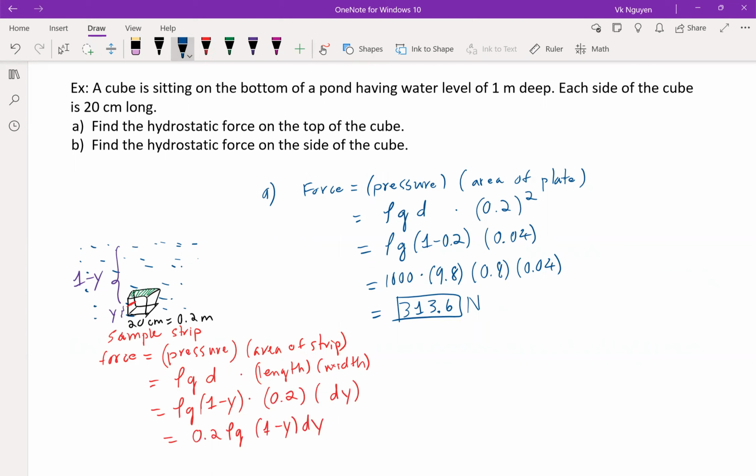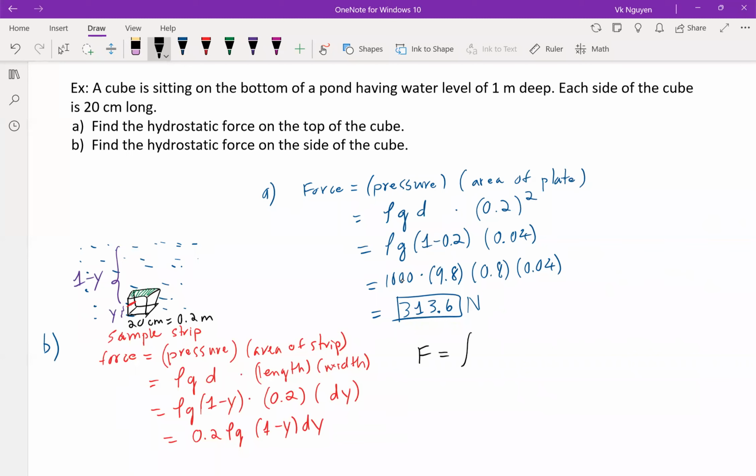So that means we can do B. The force on the side would be the force on each strip, and we're going to add them up. To add them up, we use integration.